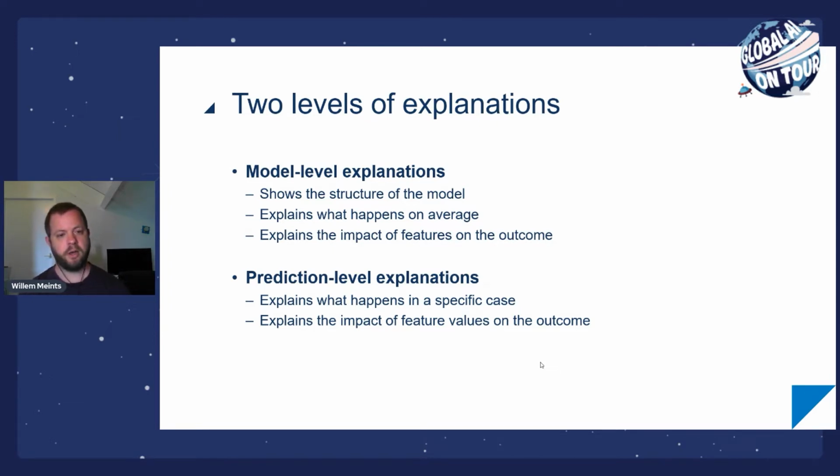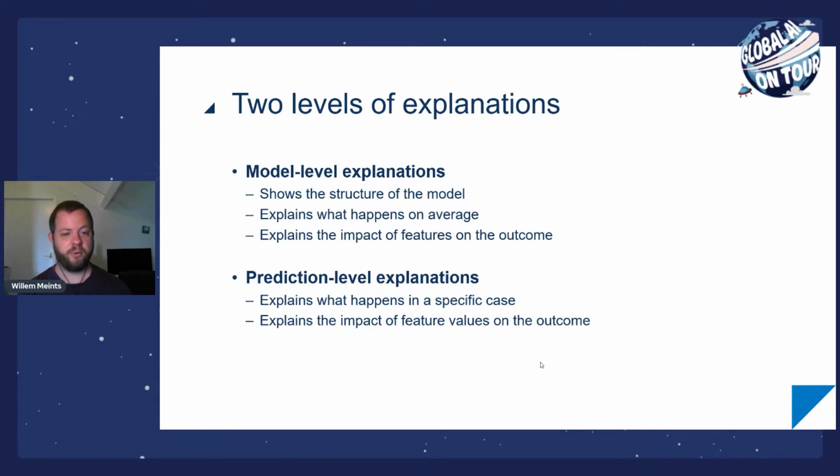The first one, the model level explanation, shows you the structure of the model, and it explains what happens on average. That's still high level. There is no such thing as an average sample. You might get lucky, but I don't think there is one in a usual machine learning scenario.